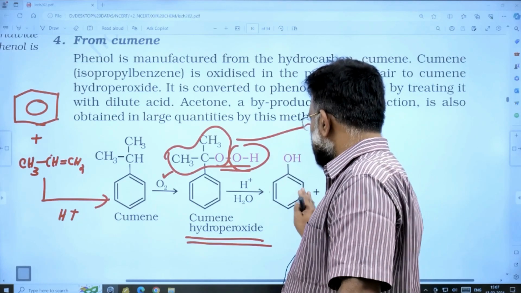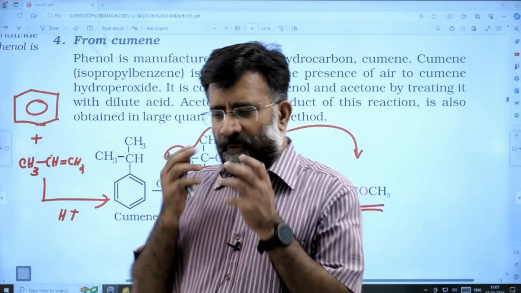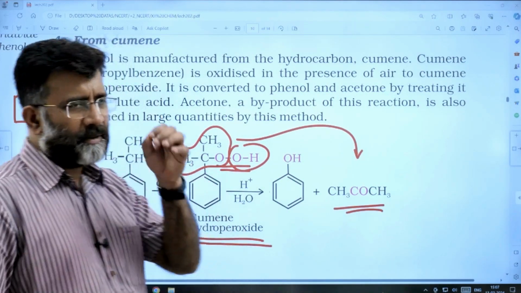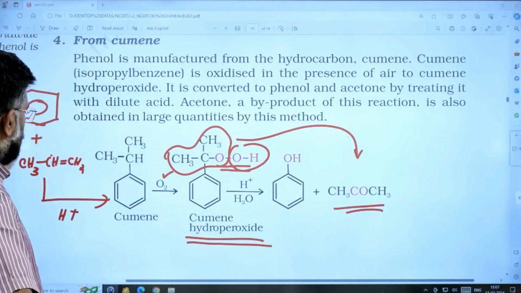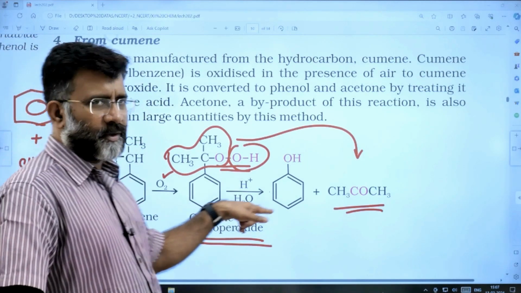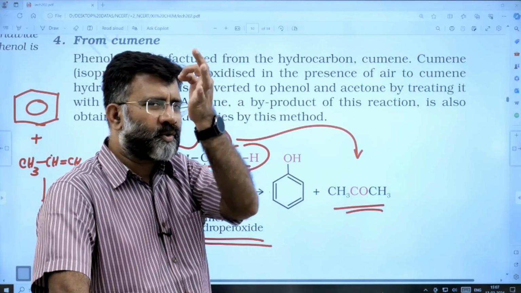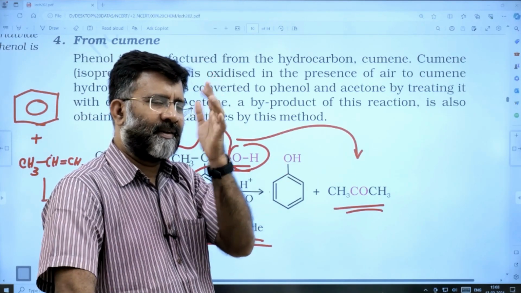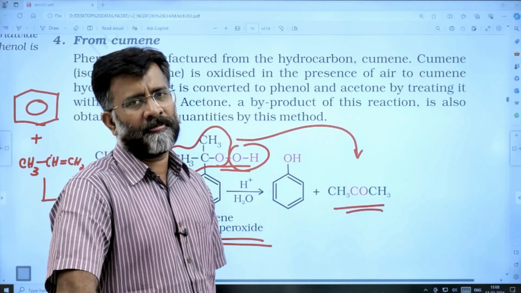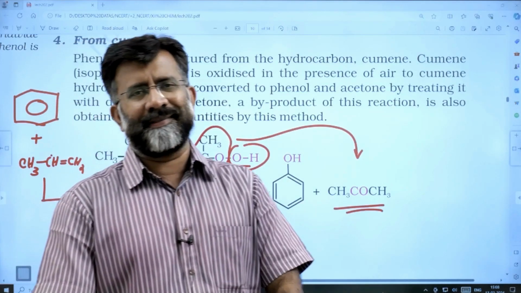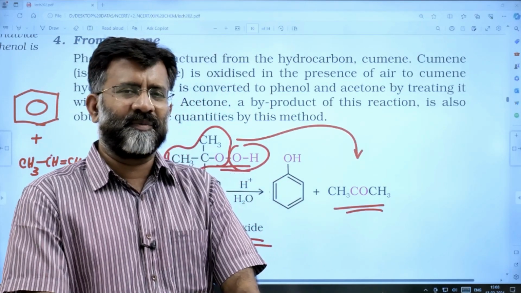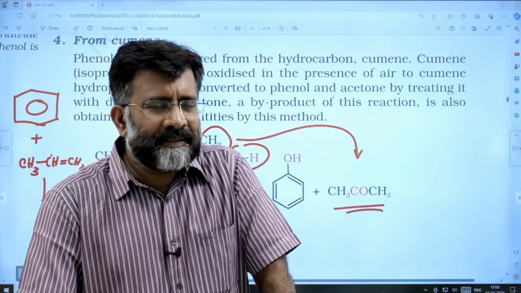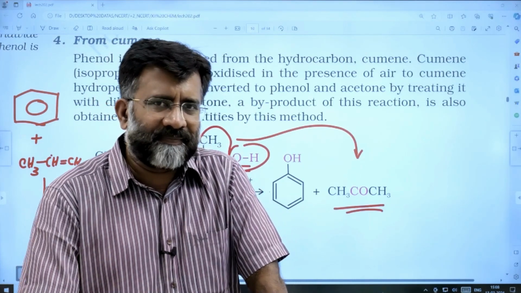You get phenol and acetone. See the importance of that reaction. The cheaply available benzene and propene are converted to the industrially most wanted phenol and acetone. Phenol is very much wanted in the industry, acetone is very much wanted in the industry, and that is the importance of the cumene procedure.